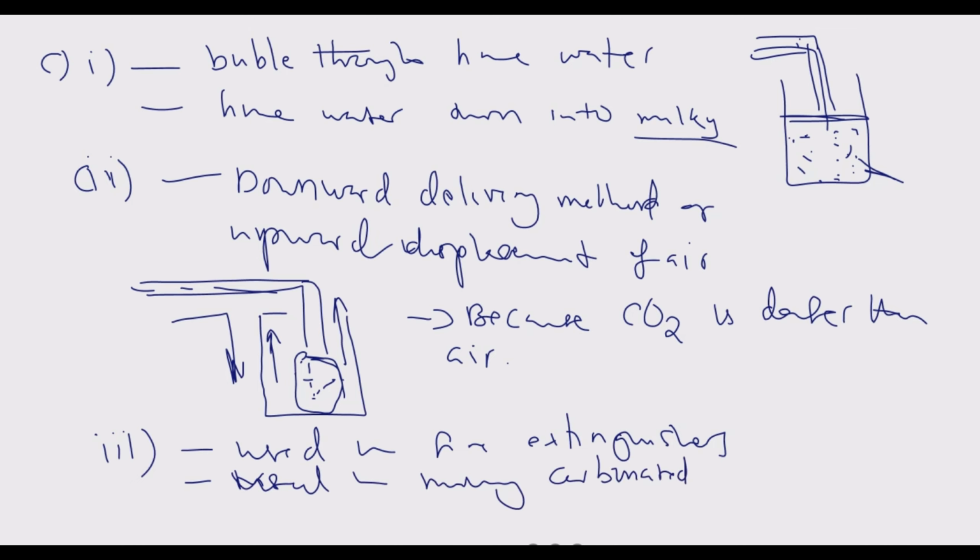Number 3, it is used as dry ice in refrigerants or refrigerators. The fourth is that it is used for photosynthesis by plants. You can choose 2 out of these that you are comfortable with.